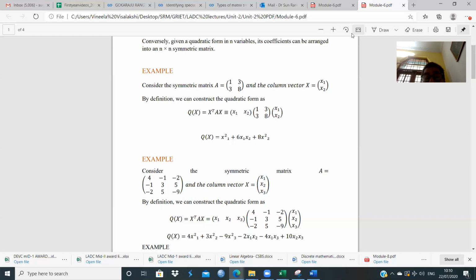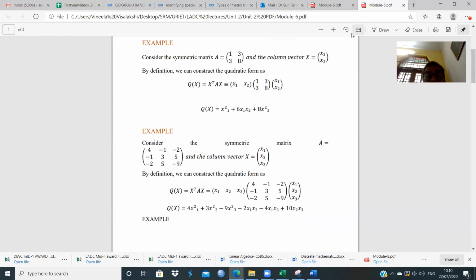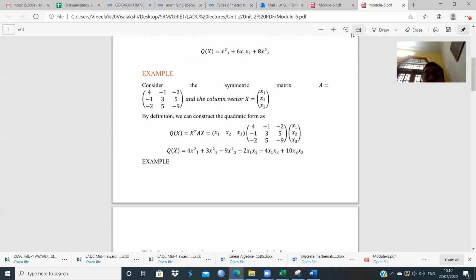Now, when you take a 3 by 3 symmetric matrix, we get a quadratic form in three variables. So let us take the matrix A equal to 4, minus 1, minus 2, minus 1, 3, 5, minus 2, 5, minus 9. And we take a three-dimensional column vector x1, x2, x3.